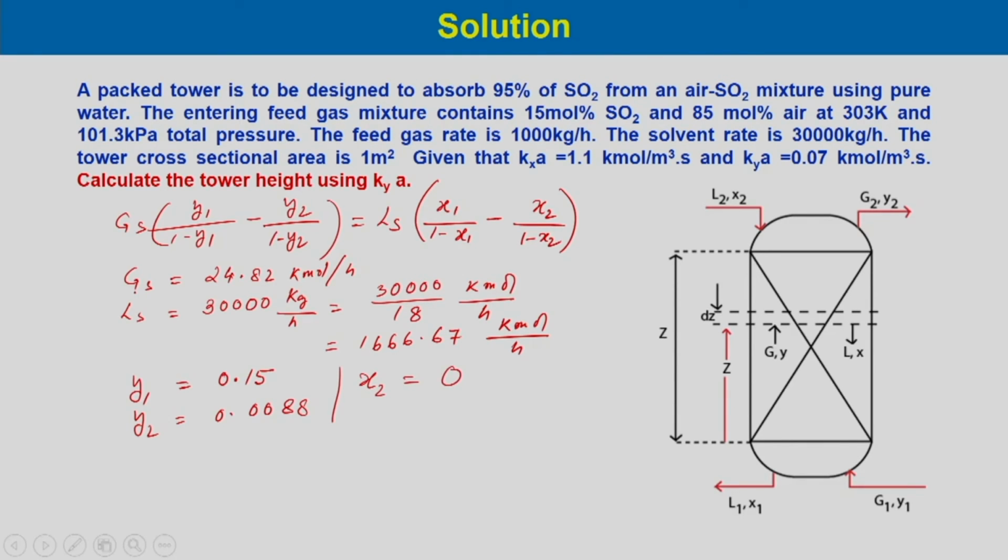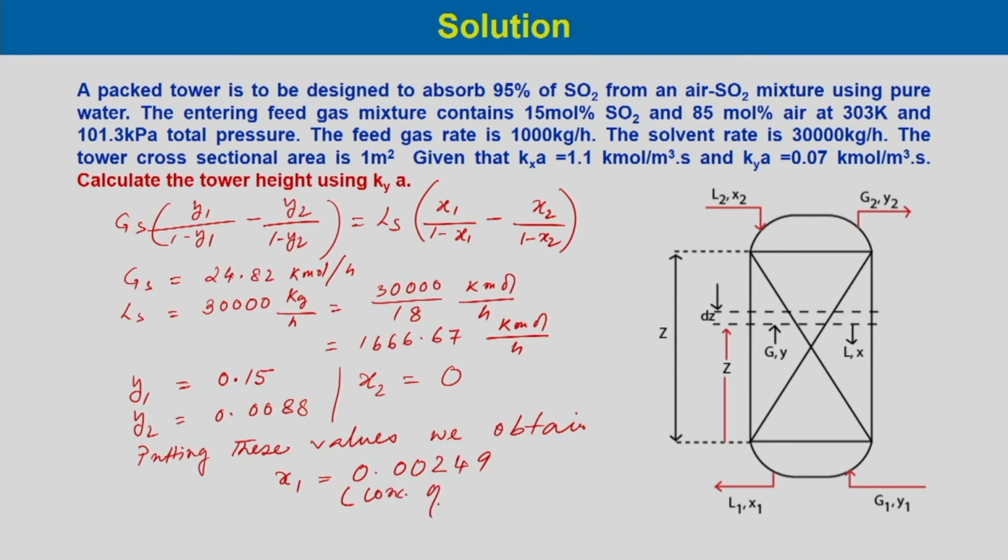Now, if we substitute all these values in this equation, x1 is equal to 0.00249. This is the concentration of sulfur dioxide in the exit stream of liquid.